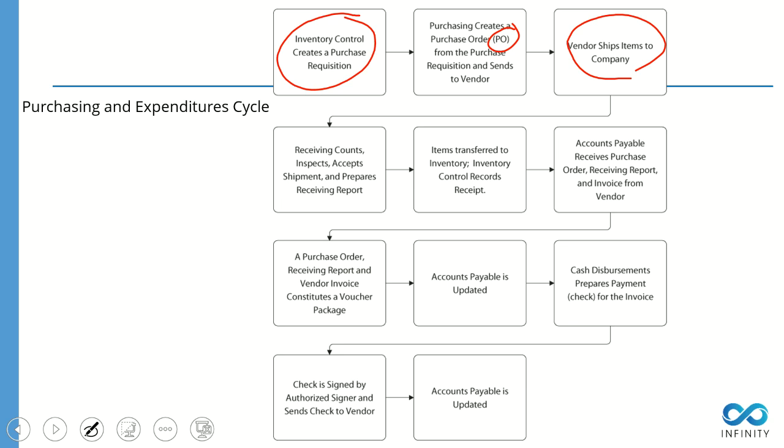And your store manager, or whoever is receiving the goods, will receive the goods, count and inspect them, accept that the items are as per our requirement, and prepare a receiving report. Then these items are transferred to the inventory module.